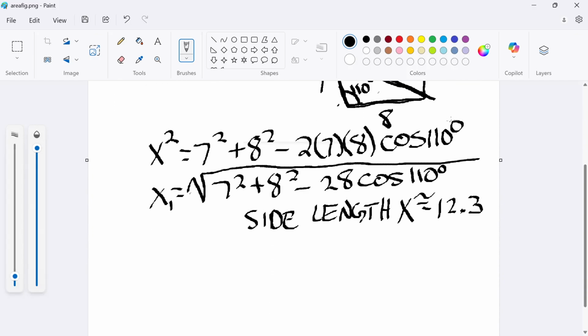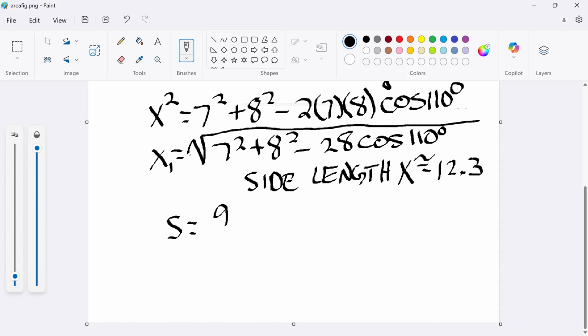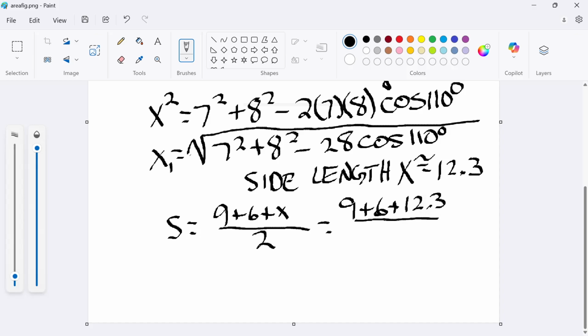So I can find Heron's formula. I'm going to find the semi-perimeter, which is 9 plus 6 plus x, whatever that is, divided by 2. So it equals 9 plus 6 plus approximately 12.3 divided by 2.